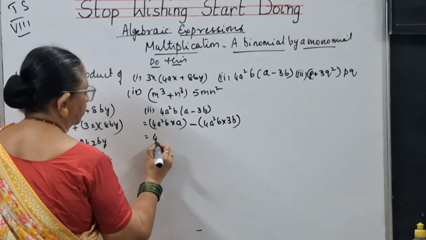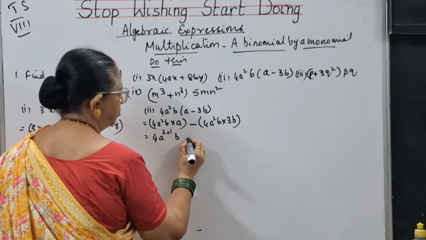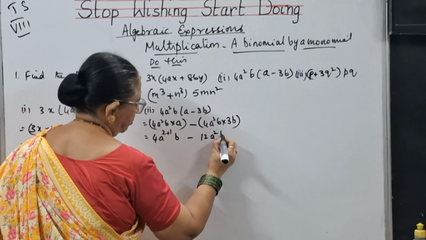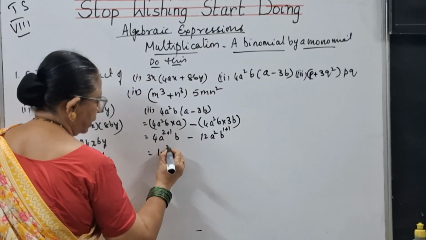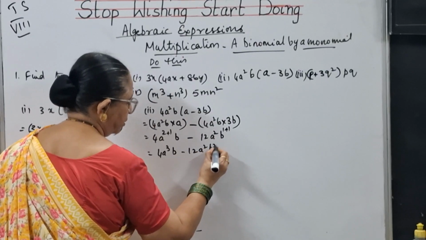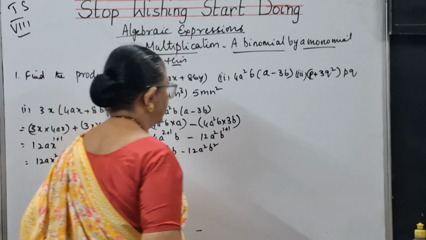So this is 4 a to the power of 2 plus 1 and b, minus 12 a square b to the power of 1 plus 1. That is 4a cube b minus 12a square b square is the answer for the second bit.